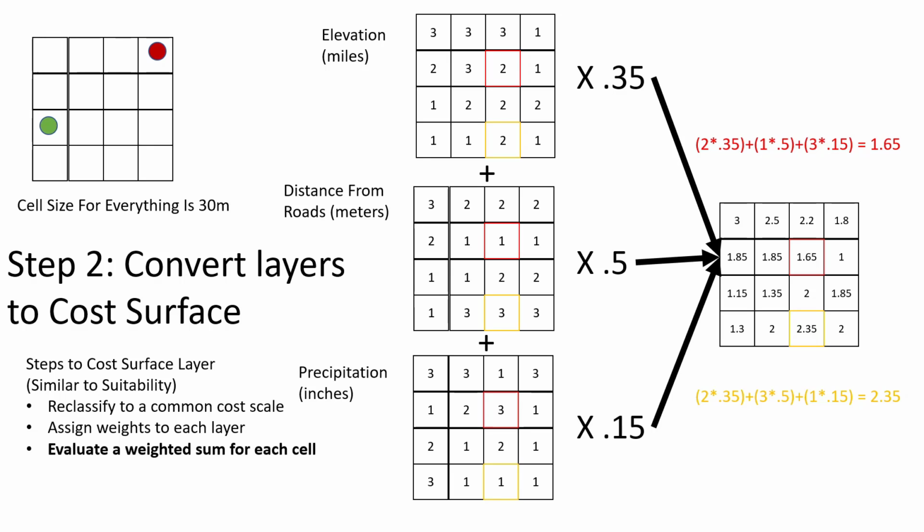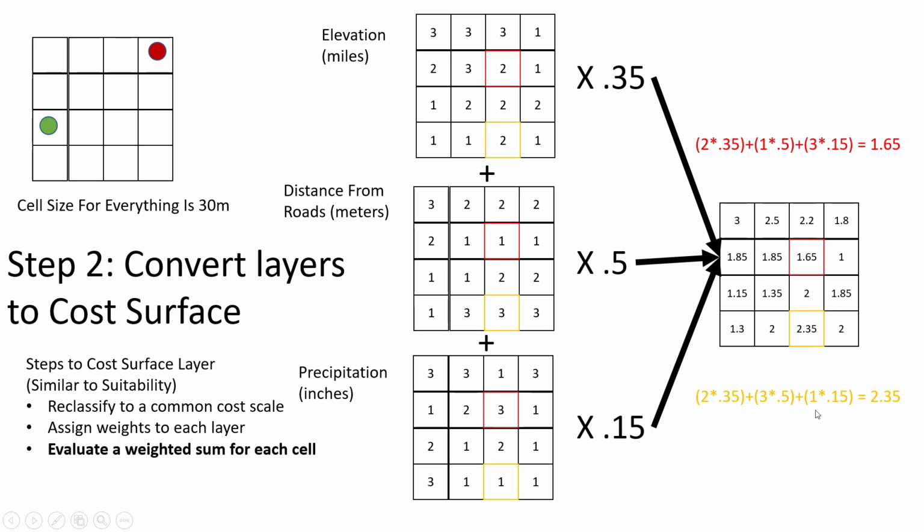Right, so in this case, this 2, again, is coming from elevation times 0.35 for the weight. In this case, right here, we have a distance from roads of 3 times 0.5. So this is a 3 as opposed to the previous example as a 1. And then precipitation in inches, again, it's that 1 times 0.15.